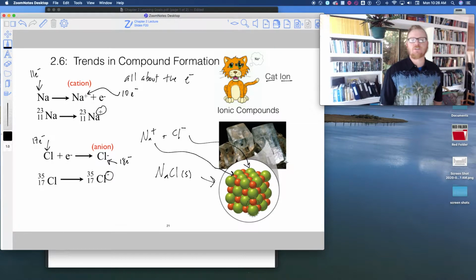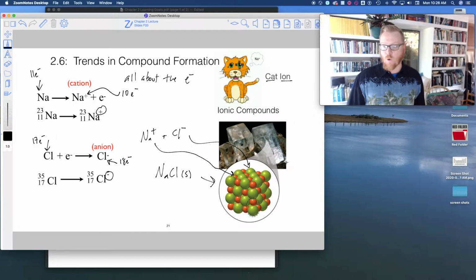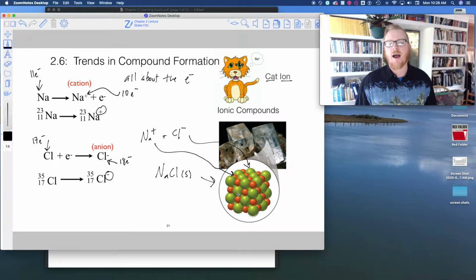We'll learn throughout the semester that the cations become quite small and the anions become quite large. And because of the way that these are positive and negative, they have to alternate. You can't have two positive sodiums next to each other or two negative chlorines next to each other. So you can see they're diagonal, but they still have positive, negative, positive, negative, positive, negative.